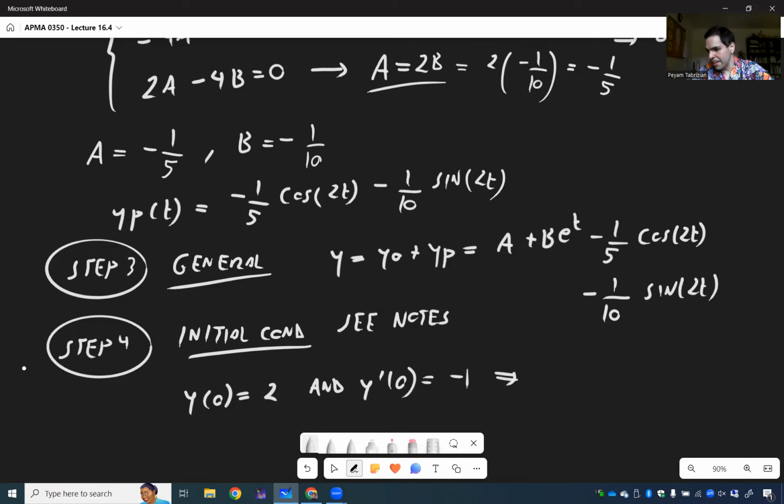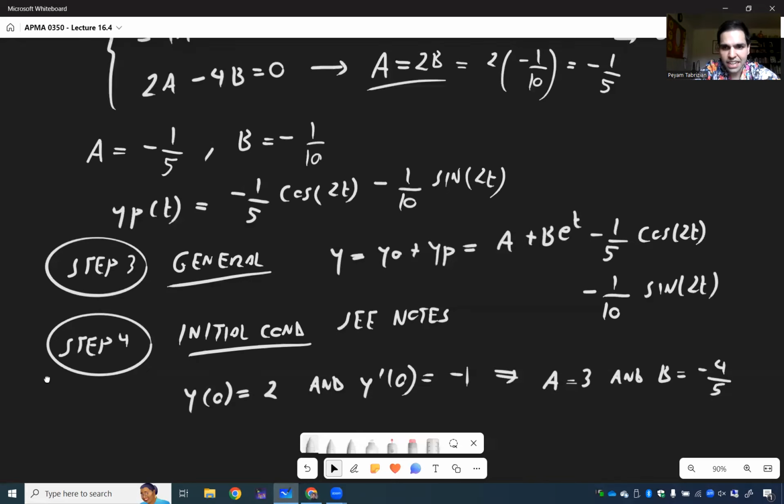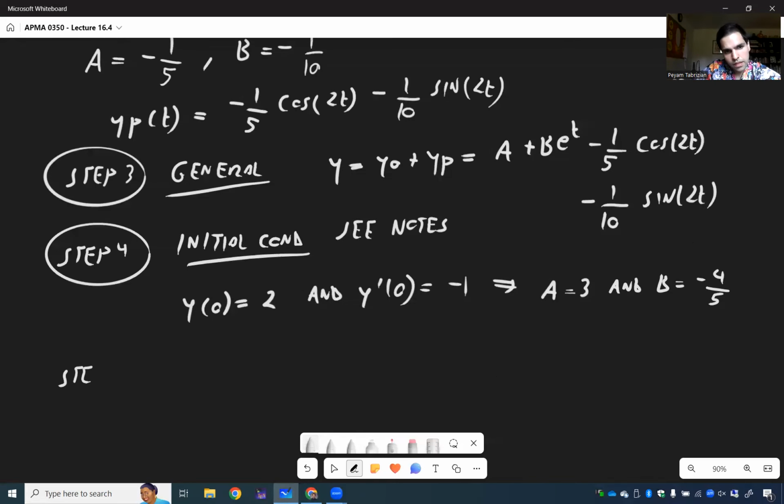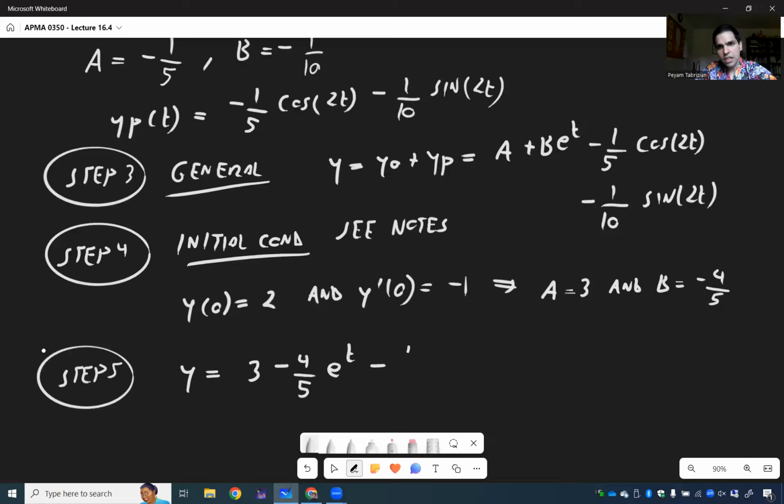And then you end up getting, I think, a is 3 and b was minus 4/5. In the end, we finally get our solution that y is 3 minus 4/5 e to the t minus 1/5 cosine of 2t, and then minus 1/10 sine of 2t.